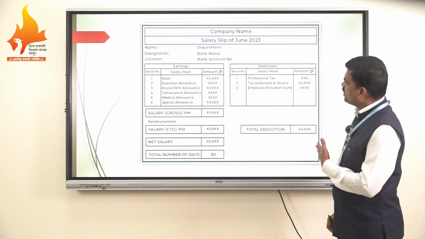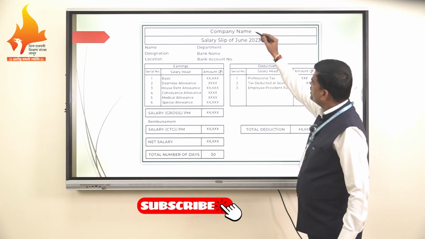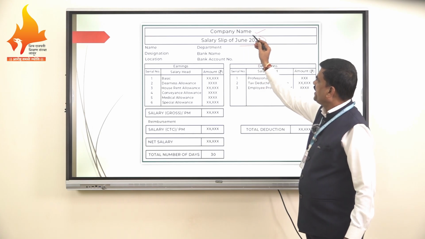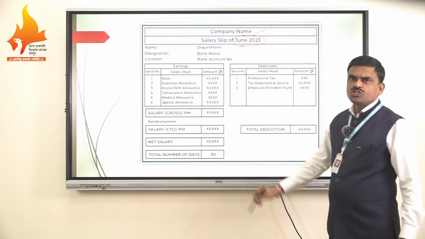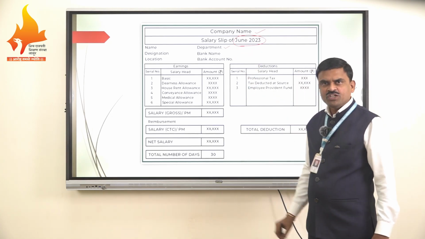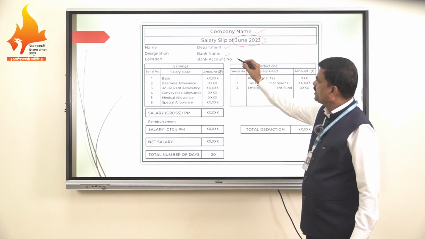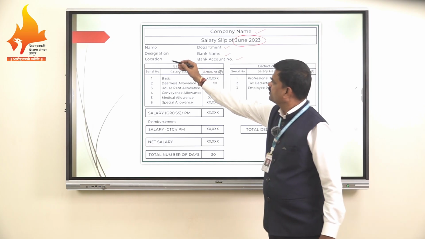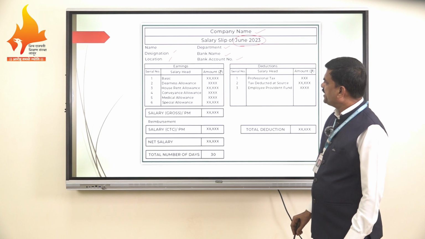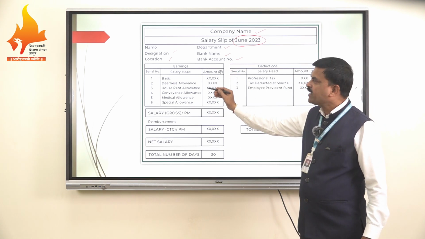Here I have included one sample payroll sheet. Here the organization can write the name of the company, the month can be written here, as I have taken the month as June 2023. Here the department can be mentioned, the designation of the employee, the location can be mentioned here, the bank name, the account number can be noted here, and here the total earnings of the employees are recorded.